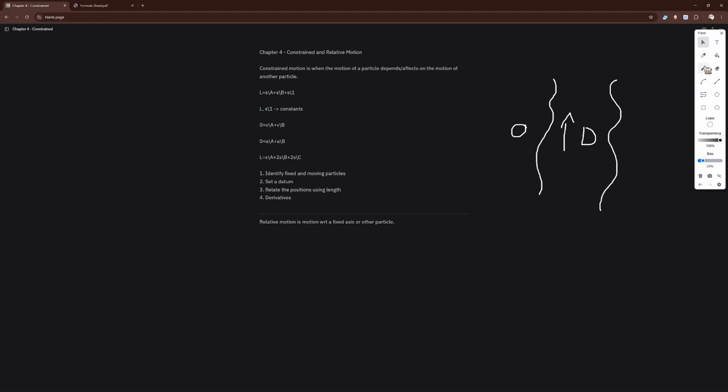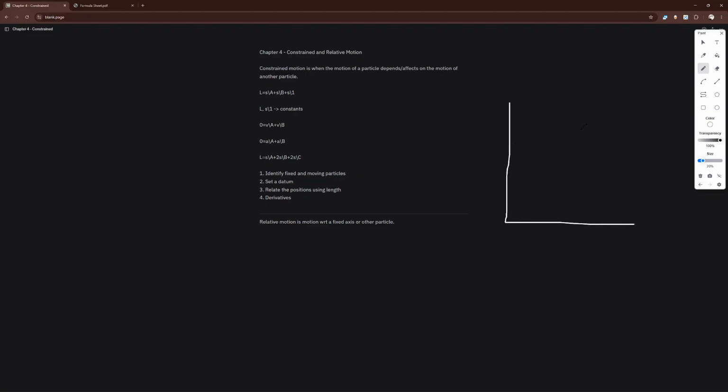So I'm going to change up the example here just for visuals. We have one particle here and one particle here. There you go. These are particles. They have XY coordinates. We'll call this one A and we'll call this one B. All right.